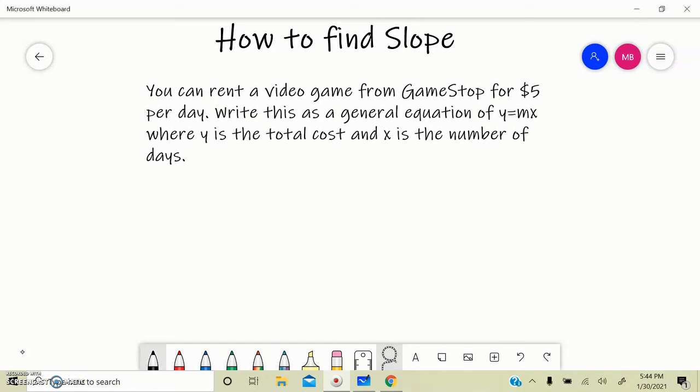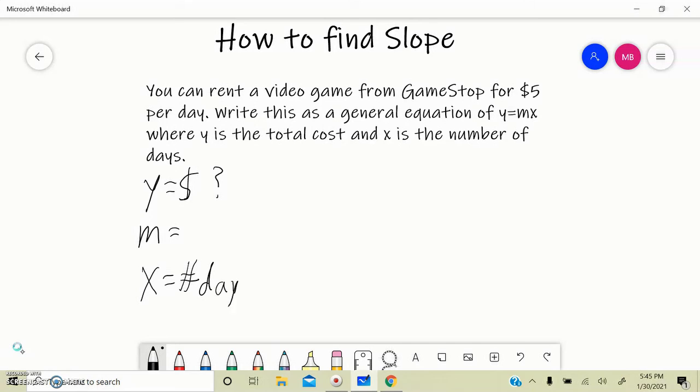number of days. So again, to the side here, I'm going to write my y, m, x. They all are meaning something. Y is my total cost, which I don't know what it is. X is my number of days, which I also don't know.